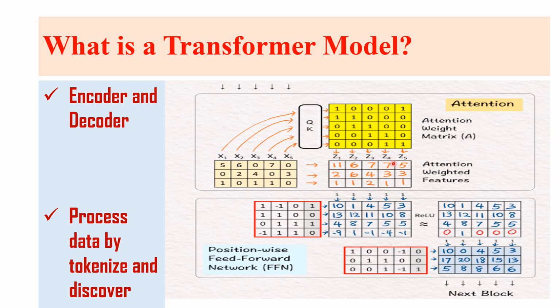Now we have got these attention-weighted matrix features. Now we will multiply this with the position-wise feed forward neural network. Here the number of columns is 4 and the number of rows is 3. So we can multiply these 3 columns with these 3 rows and consider the last one as the bias.